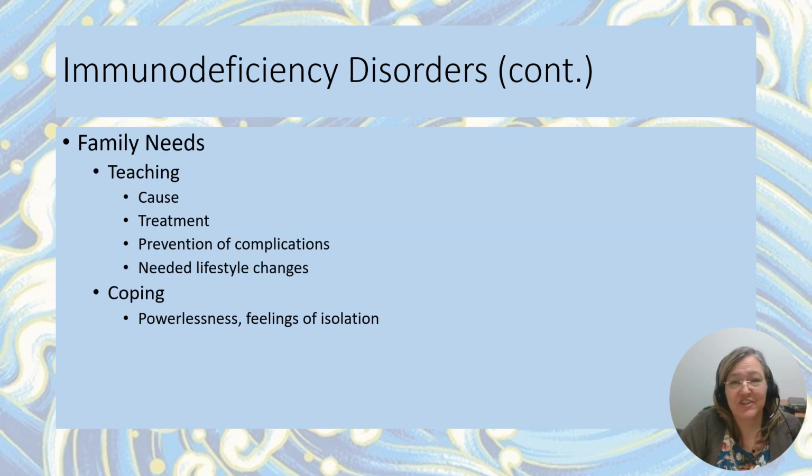So what should your education include? It should include the cause of the deficiency, the treatment plan, prevention of complications, and the needed lifestyle changes. So for example, kids and adults that have immune deficiency, one great example in the hospital is that they can't have flowers in their room.